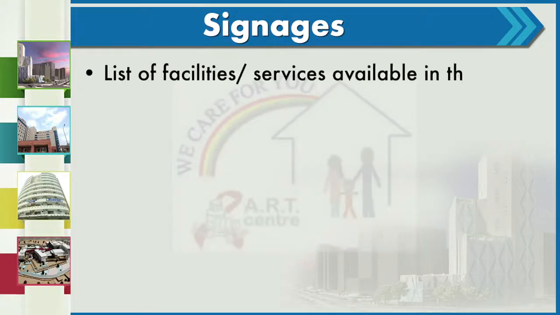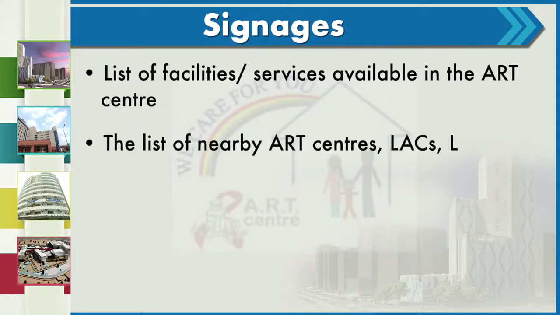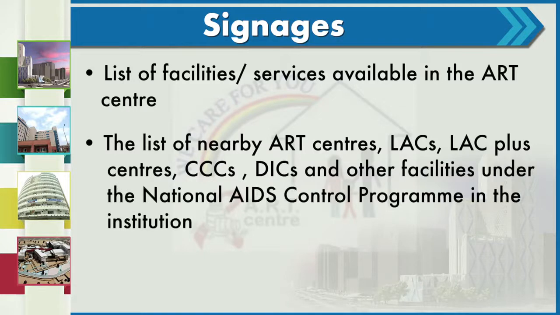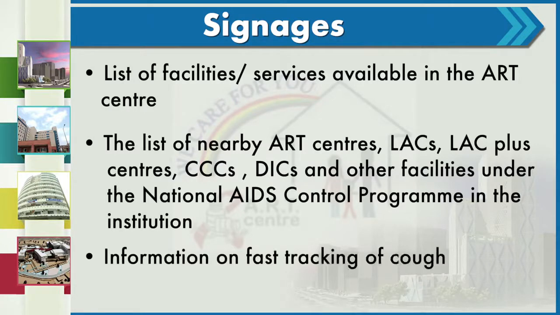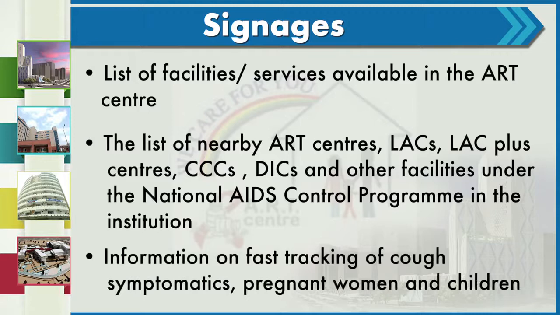A list of facilities near the ART center and a list of other ART centers nearby, and basic information, so that the patient, while he is waiting at the waiting hall, can read what the basic symptoms are, what the basic prevention is, what everyday care he has to take in his lifestyle so that he can have a better life while he is suffering from the ailment.